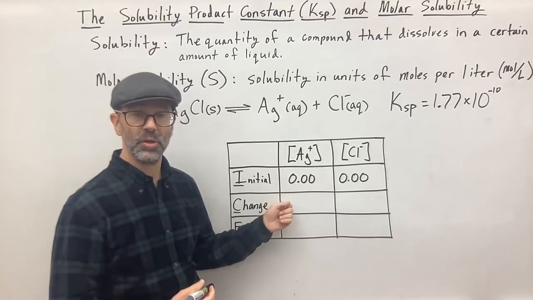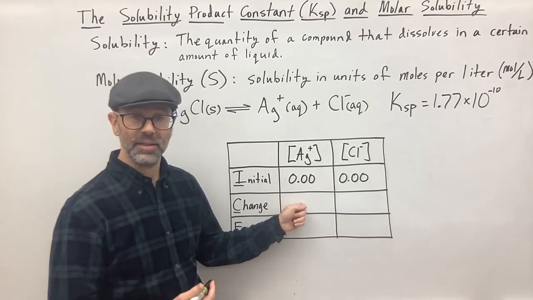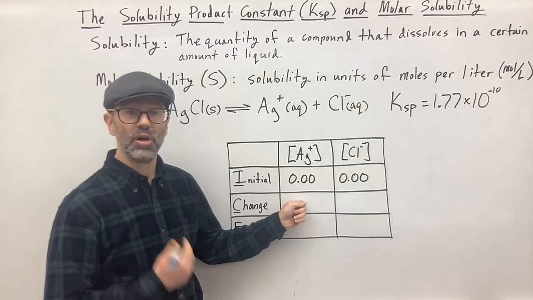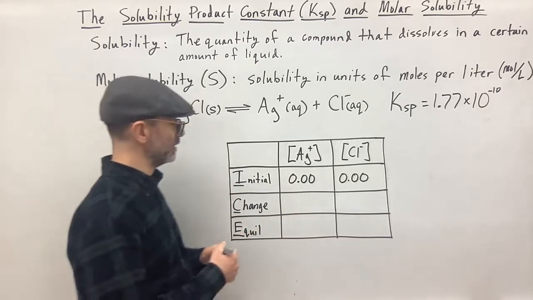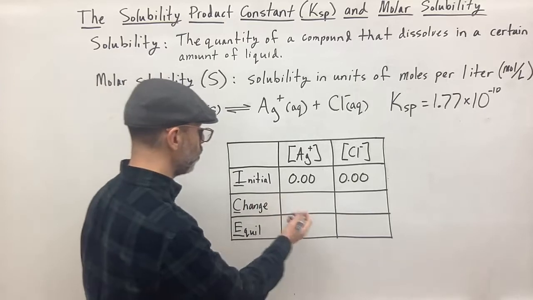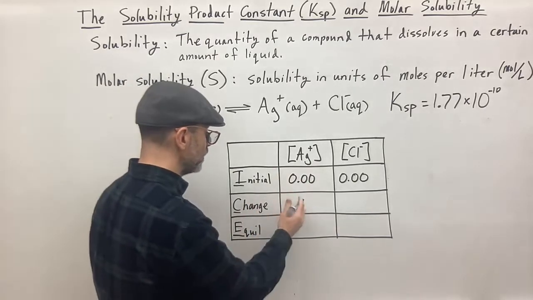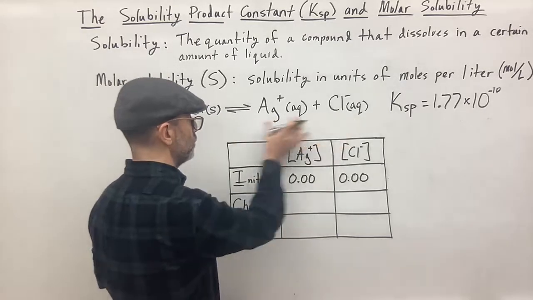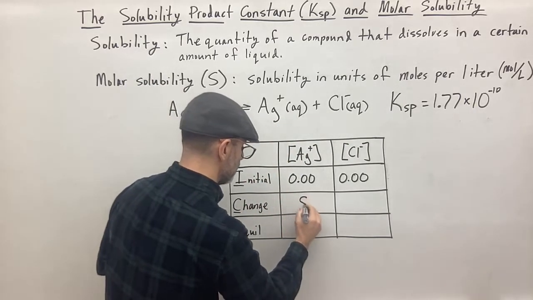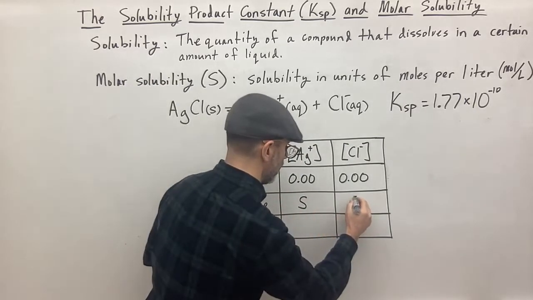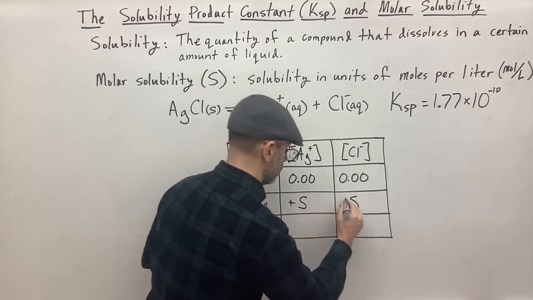So molar solubility would be X in this case, or you could use a symbol S. So we could use S as the change. So we know that when we start with this, we're going to get a certain amount dissolved. So that's going to be S here and S here. So plus S, plus S.